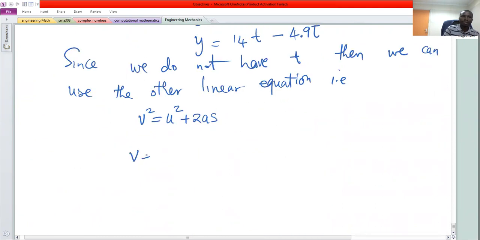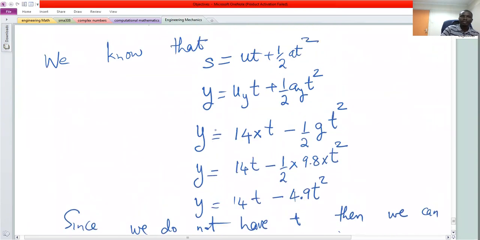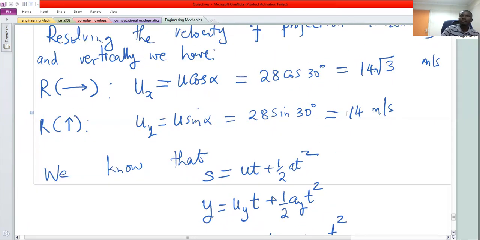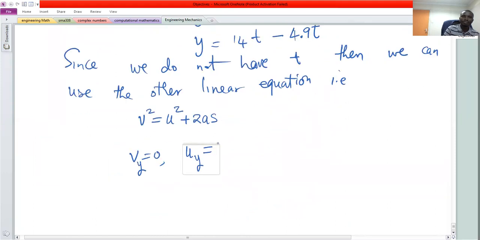And Uy from our calculation is given by 14, and then to be the same thing, saying Vy squared equals Uy squared plus 2ay s.